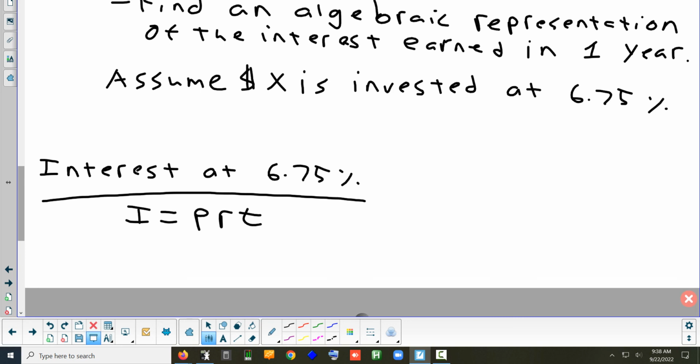That's what we're trying to figure out. Principal is how much money he invests in the 6.75% account. How are we representing the amount of money he puts in the 6.75% account? Yeah, X. That's the principal. What's the rate on this account? I know it's 6.75%.